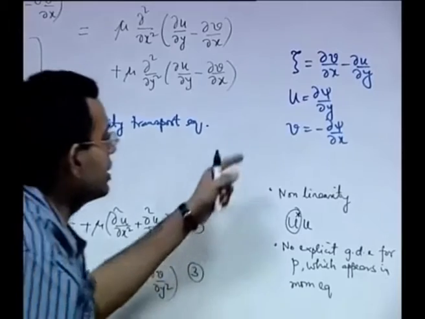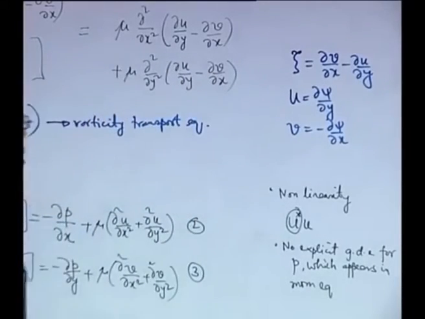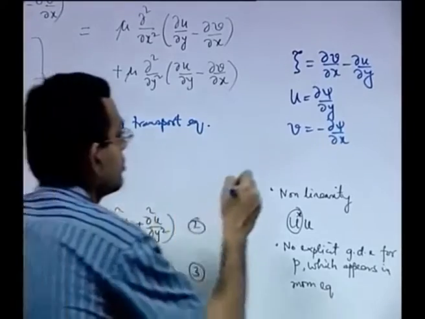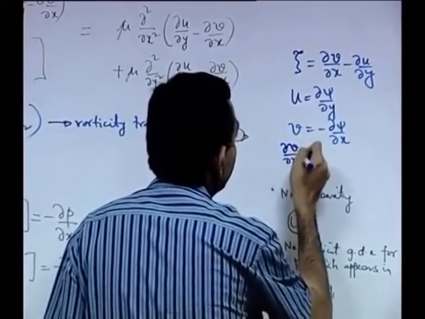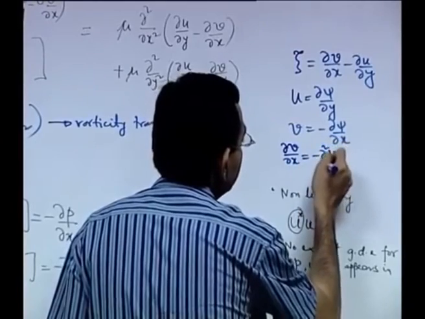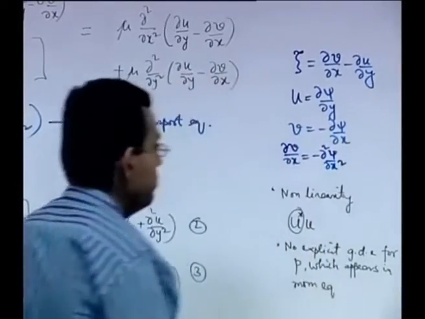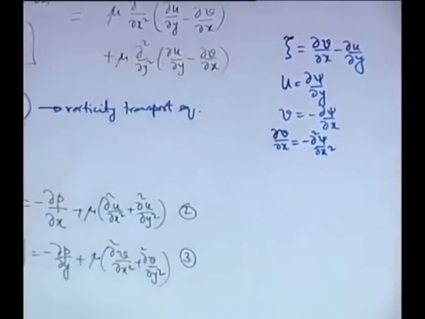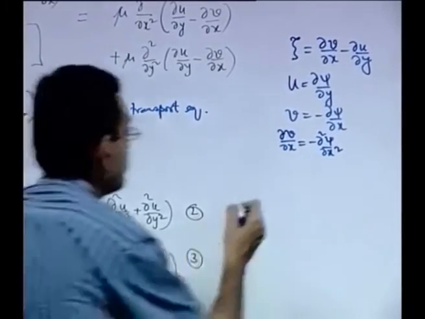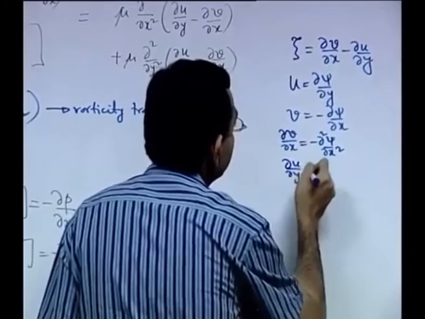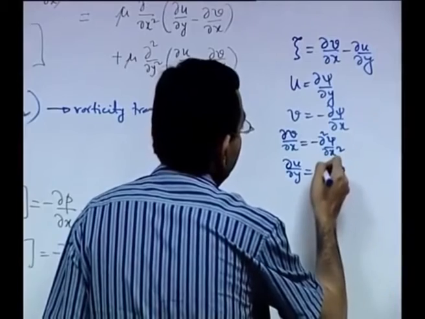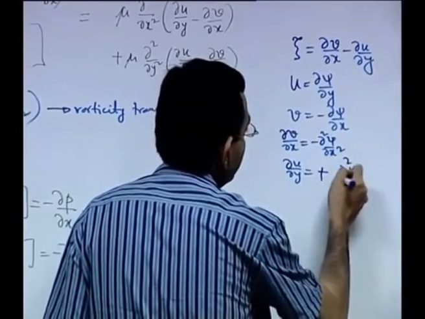So, if we define for example in this way, then how can you write del v del x? Minus del square psi del x square, then del u del y plus del square psi del y square.